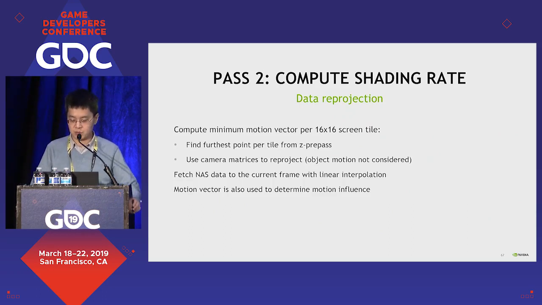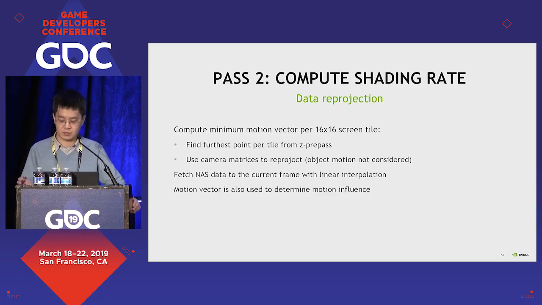The way we compute reprojection is to find the furthest point per tile in the frame using depth from the Z prepass, and then reproject this 3D point to the previous frame using camera matrices from the previous and the current frame. Using the furthest point will give us the minimum motion vector in the tile.